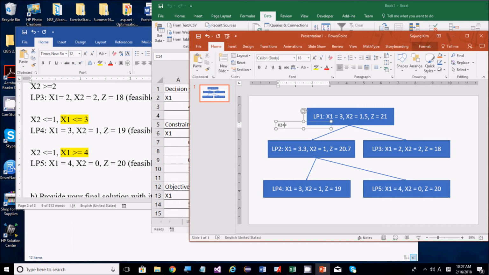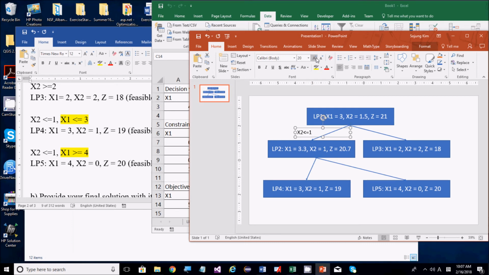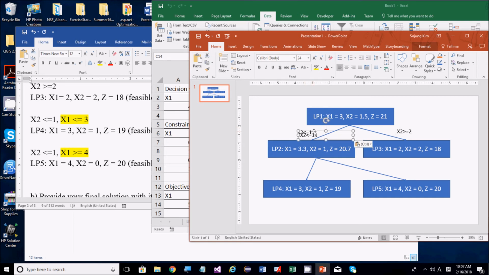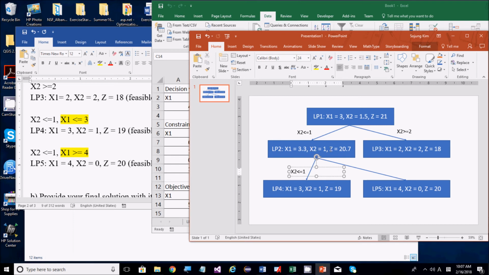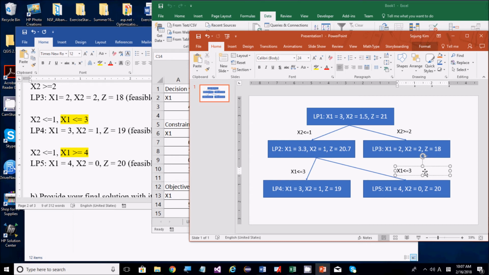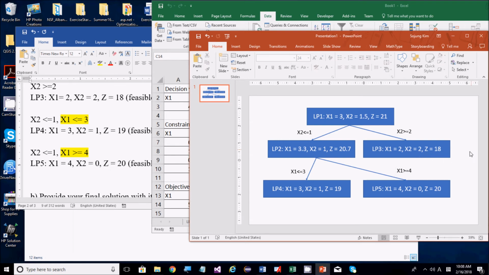Initially x2 was less than or equal to 1, and this one x2 is greater than or equal to 2, and here LP4, oh yes, here we add another constraint associated with x1, so x1 is less than or equal to 3 and greater than or equal to 4. Oops, not 40. Okay, so here's 4.